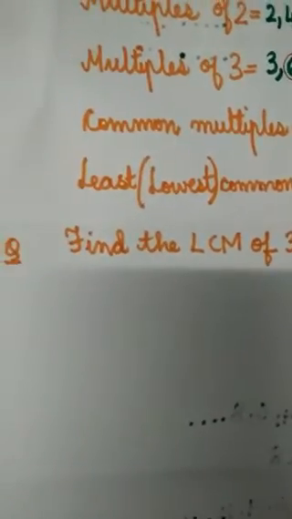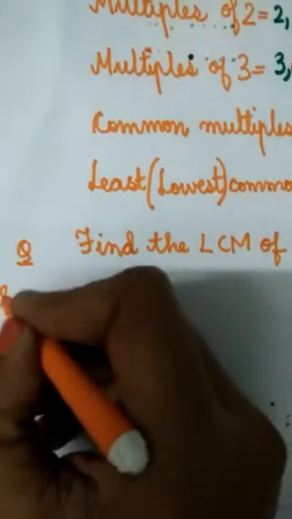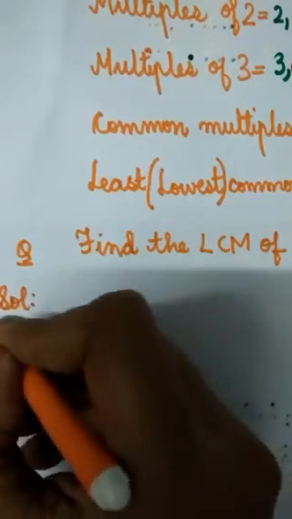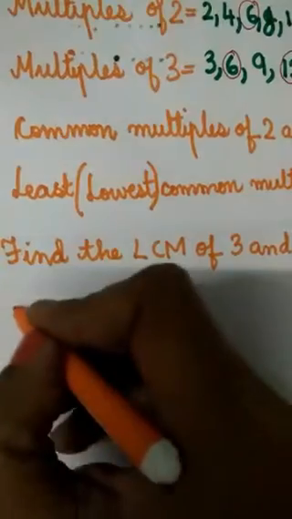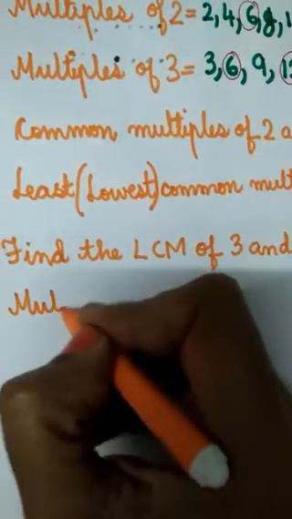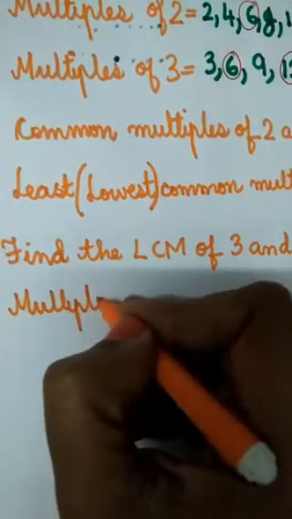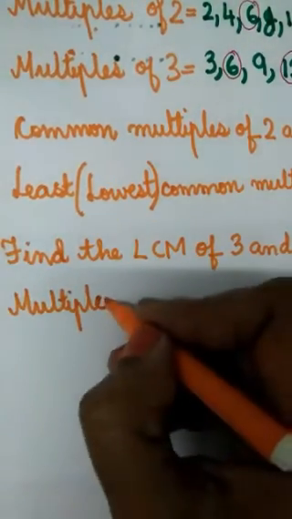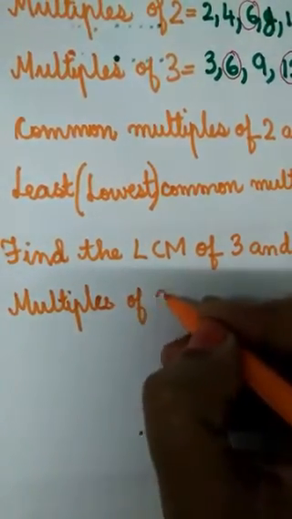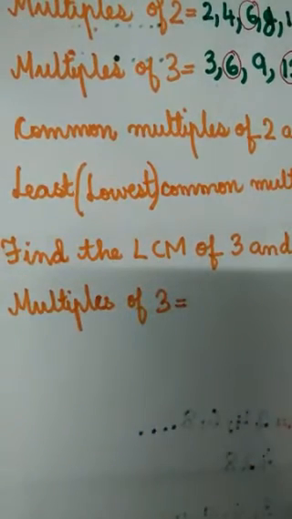First you are going to find the multiples. So what will be your solution? First you will find the multiples of 3. LCM of 3 and 4 you have to take. So first I will write the multiples of 3. Okay, multiples of 3 फटाफट लिख देते हैं.